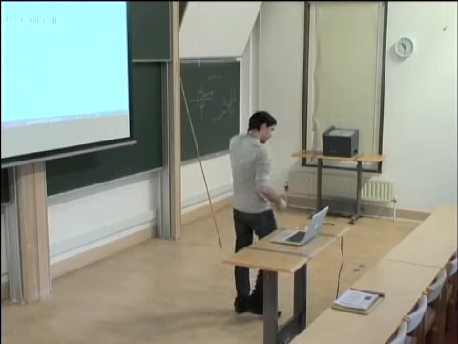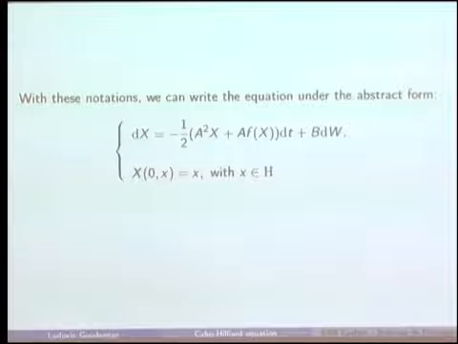So we can rewrite the equation in the abstract form. So you have again the nonlinear term f, and you have a process x, and the initial condition is some function in the H space.